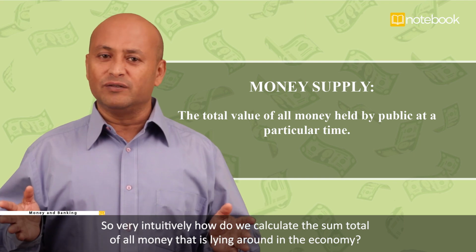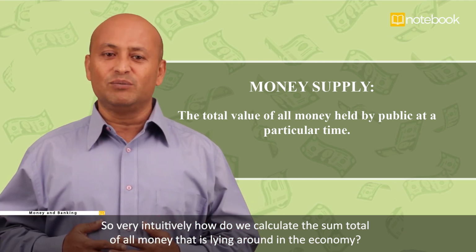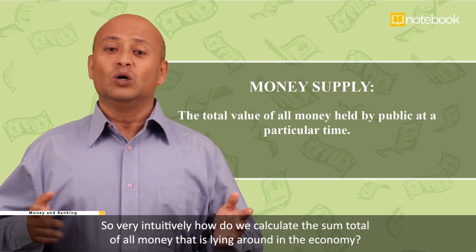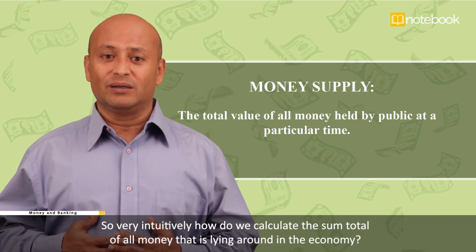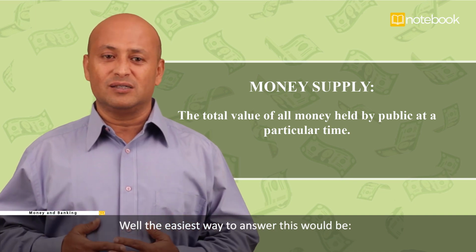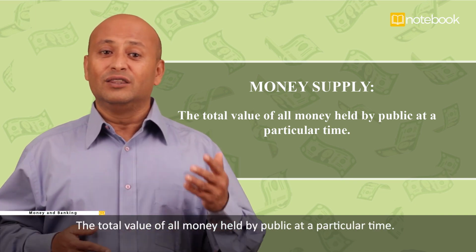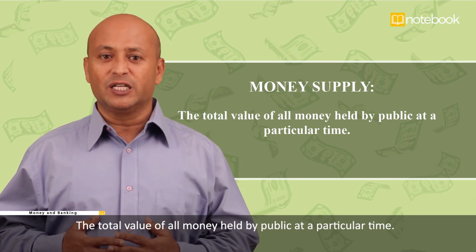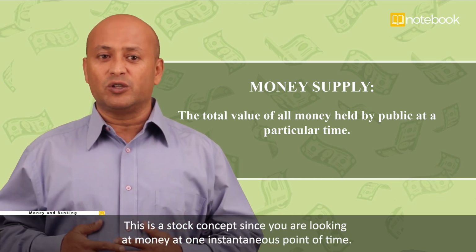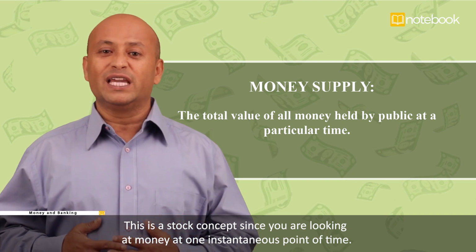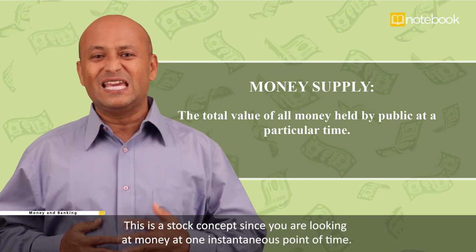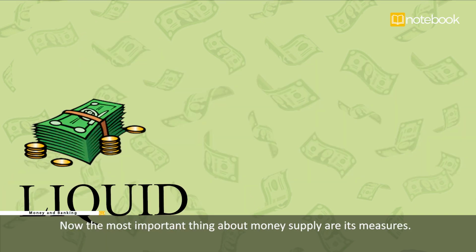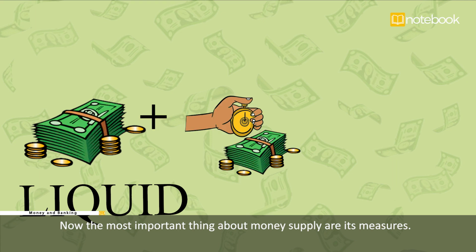So very intuitively, how do we calculate the sum total of all money? What is lying around in the economy? Well, the easiest way to answer this would be the total value of all money held by the public at a particular time. This is a stock concept since you are looking at money at one instantaneous point of time. Now, the most important thing about money supply are its measures.